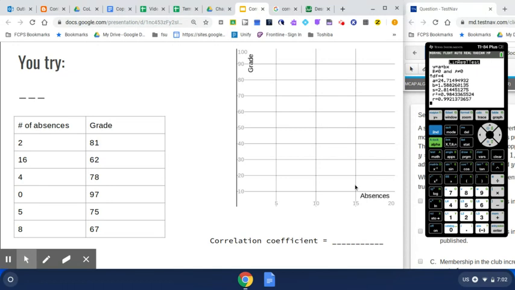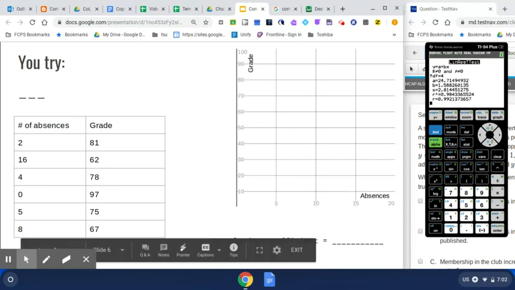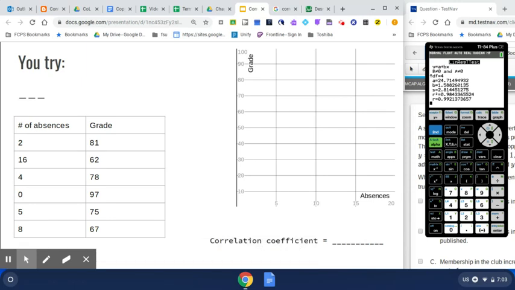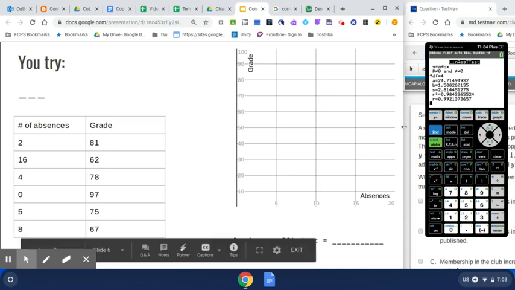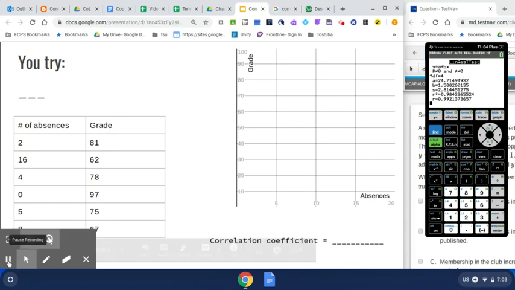And then find the correlation coefficient, the R equals value, and tell me if you think that it's strong positive, strong negative, weak positive, weak negative, moderate positive, or moderate negative. All right, guys, pause the video, see if you can do that, and then restart the video to get that solution.